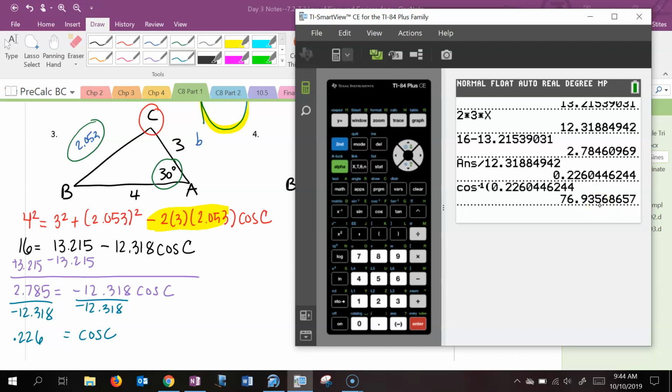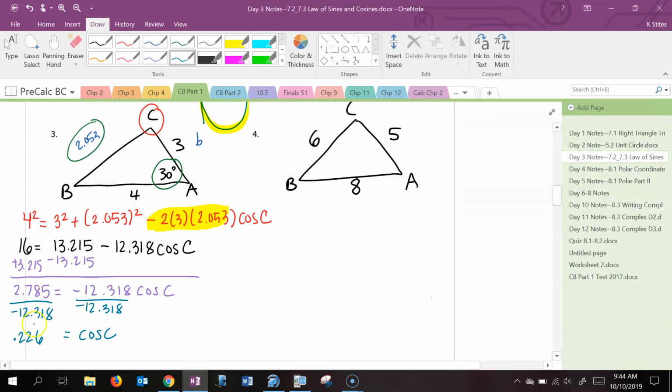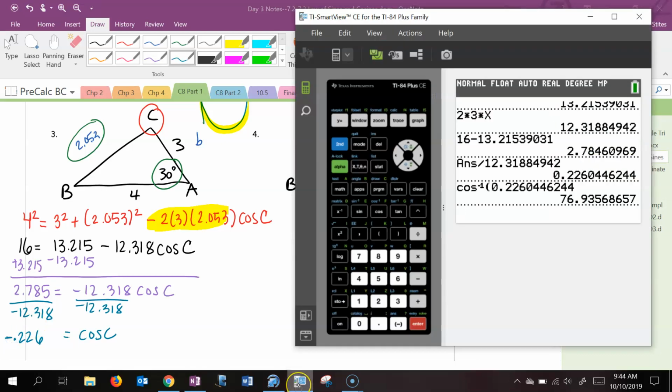Oh, hold up. What did I just do? This is a good learning lesson. I did a positive divided by a negative, so this should be a negative. So hold on, we're going to do that one more time. It was this, divided by the negative 12.3188.